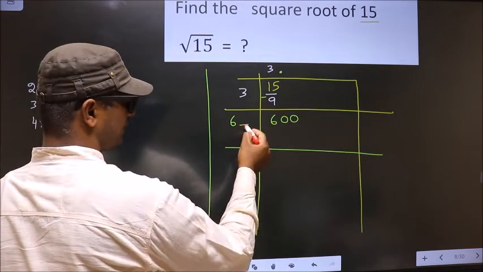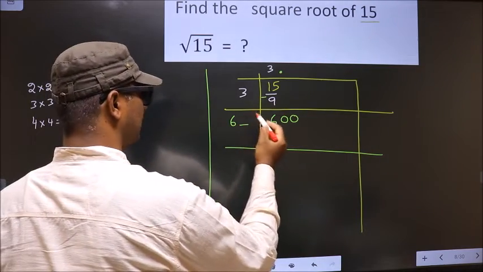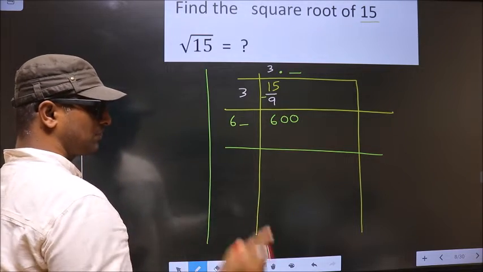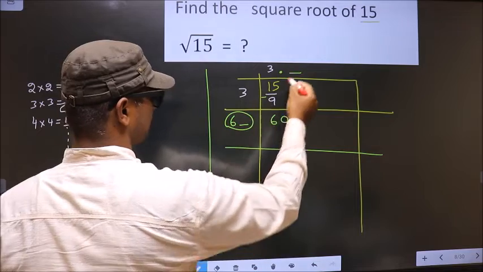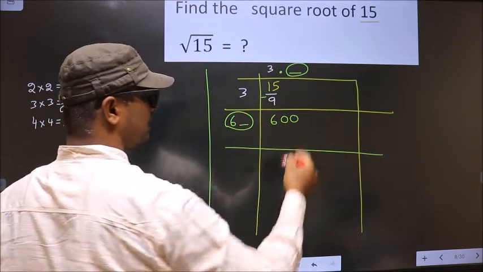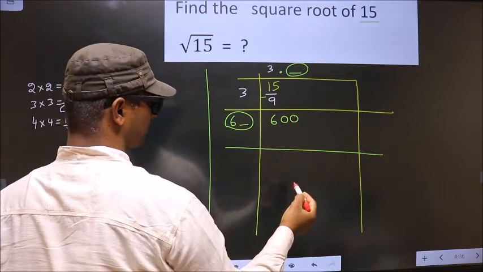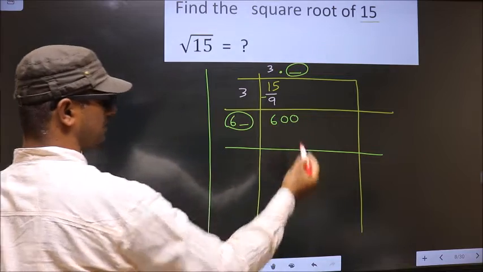Next. Now here I should write a number. The condition is whatever number I write here, here also I should write the same number. And also, when you multiply this number and this number, the resulting number should be either equal to this or smaller than this, but not larger than this.